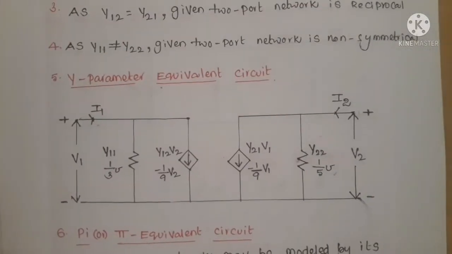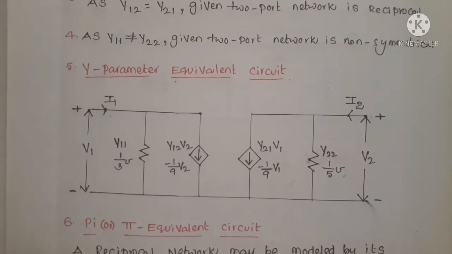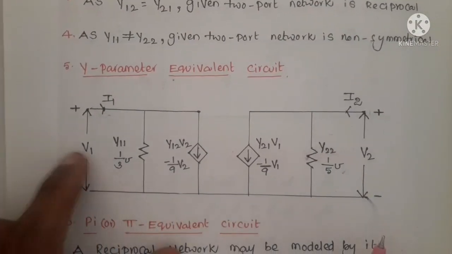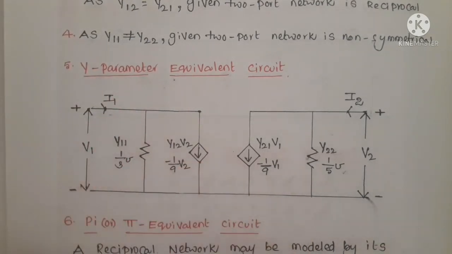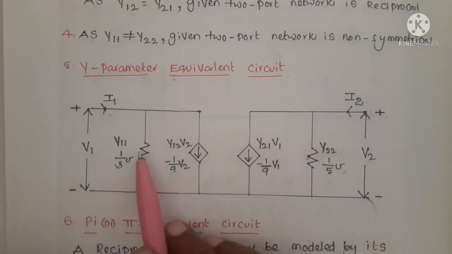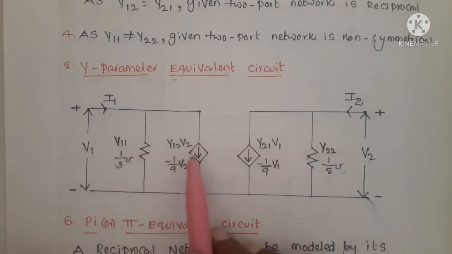Now if you draw the Y parameter equivalent circuit, this is the Y parameter equivalent circuit. V1 and I1 are the port 1 voltage and current, and V2, I2 are the port 2 voltage and current. Here it is Y11, and we have to connect these two branches in parallel.